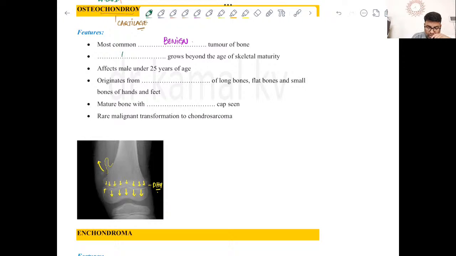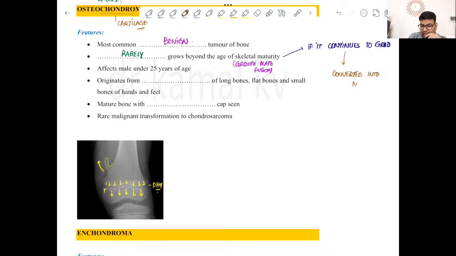So rarely it grows beyond the age of skeletal maturity, right? So this is one fact. But if it continues to grow even after skeletal maturity or growth plate fusion, then we will say that now it is no more benign, it has converted into a malignant entity.